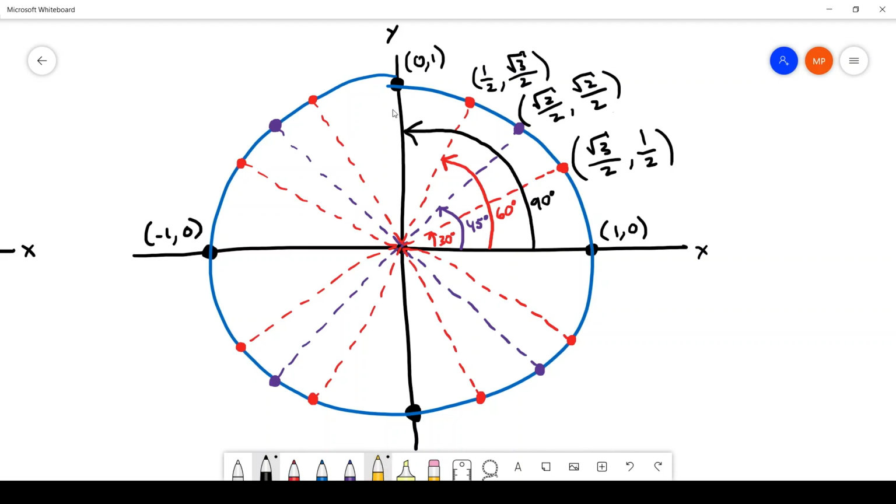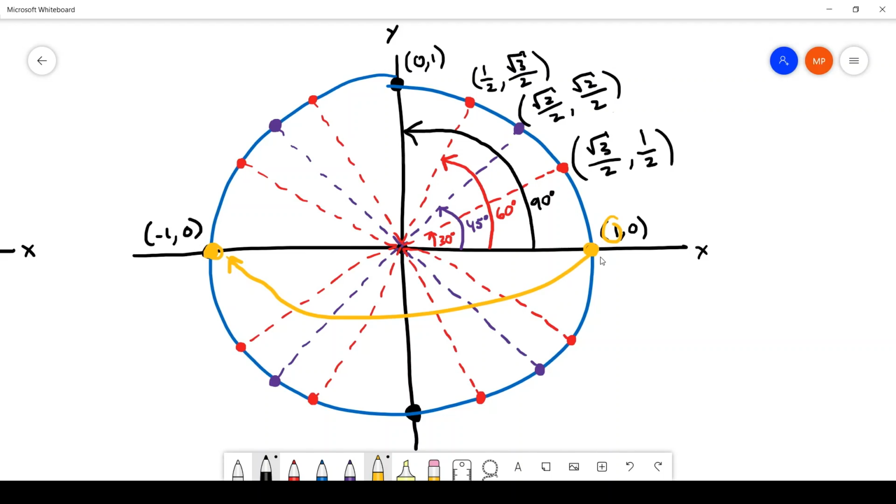So what we can say here is, starting at our first point, 1, 0, if we look across the x-axis, then that means jumping from the right side of the x-axis to the left side of the x-axis. Then all that would be doing is just changing the value, or I should say negating the x value.